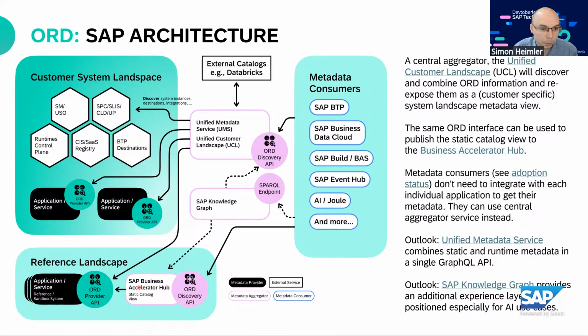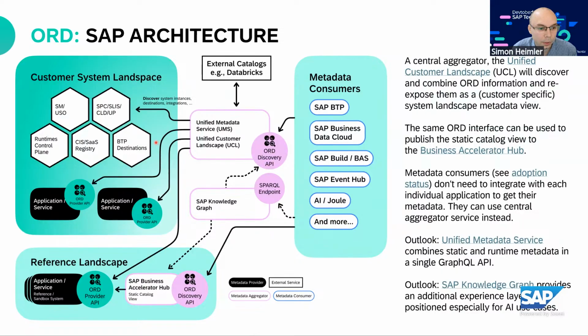Many probably don't know it, but we also have something we call the customer system landscape. It is a service behind the scenes that you might know from the SAP Business Technology Platform that will figure out what products are running in your landscape.